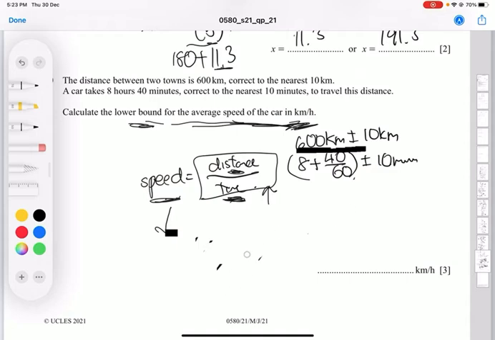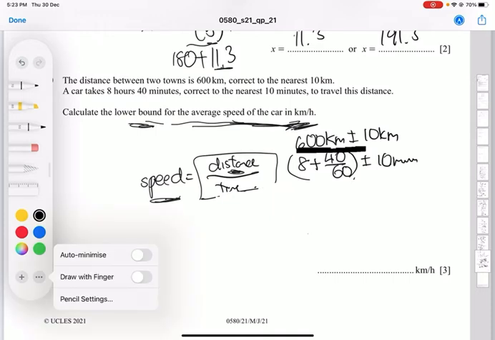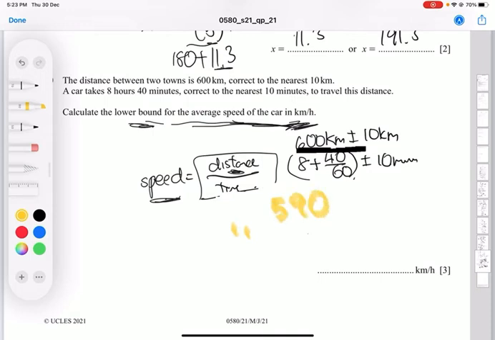Since it's correct to the nearest 10 kilometers, you can have 590 as the lower bound. So that's perfect. You have 590. That's your lower bound of distance.